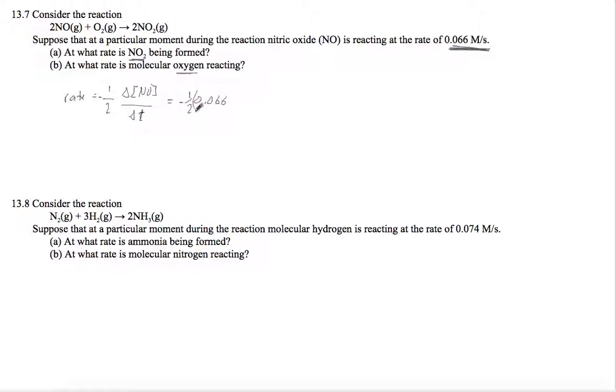1/2, and that is equal to our nitrogen dioxide first is also going to be 1/2 change in concentration of nitrogen dioxide over change in time. And this whole thing here becomes our variable that we're looking for.